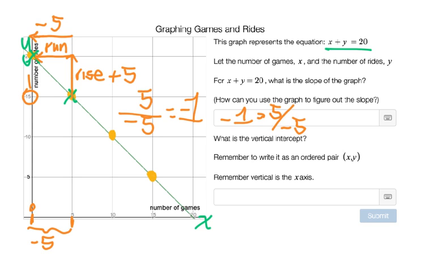It says, okay, so now what is the vertical intercept? And it says to write it as an ordered pair. So vertical means vertical. Vertical intercept is up and down. And this is wrong, this should be y-axis.